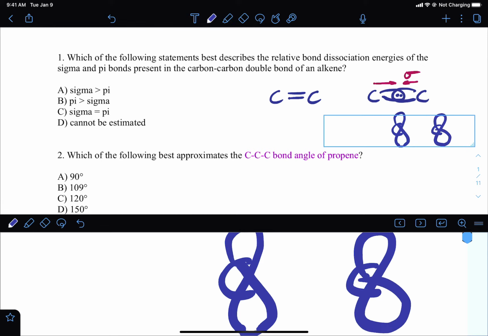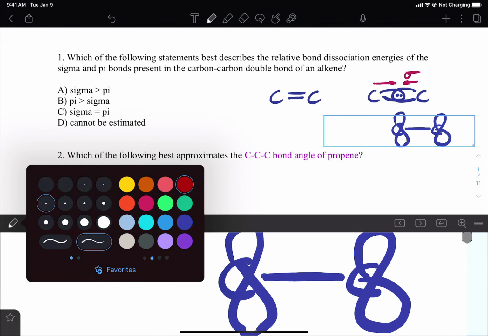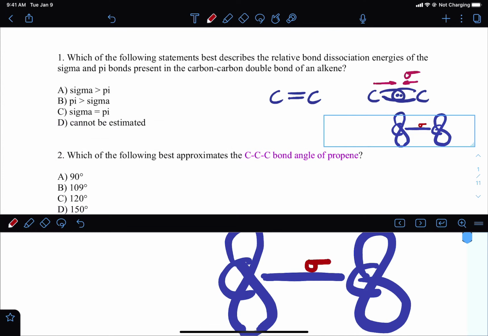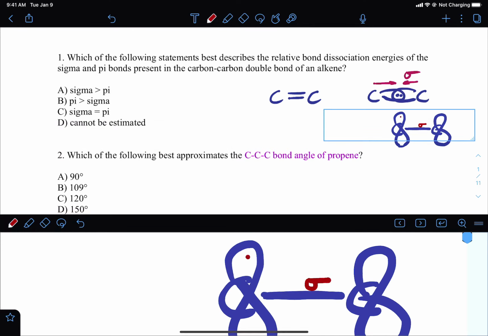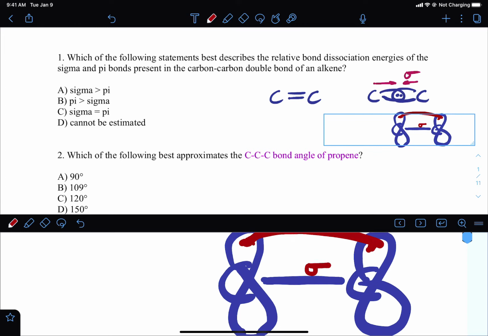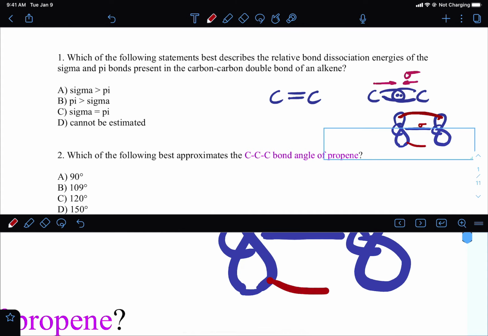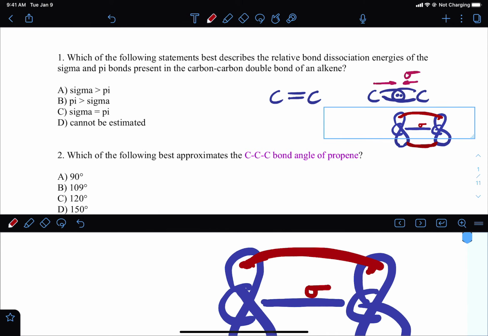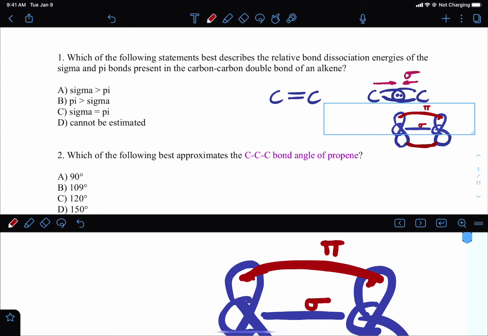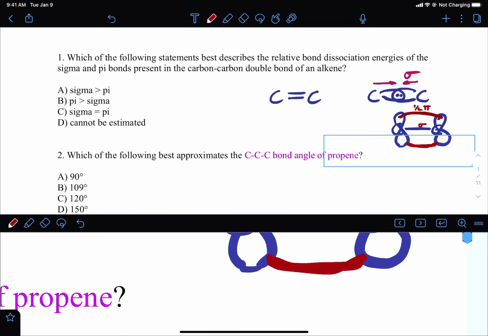If there's already a sigma bond present, then these side-by-side orbitals that each contain their own electron can also overlap side to side. That overlap occurs from the top lobe and from the bottom lobe, so don't think it's just one or the other, it's both. We call this a pi bond, where half of the pi bond is above the plane and half is below the plane.